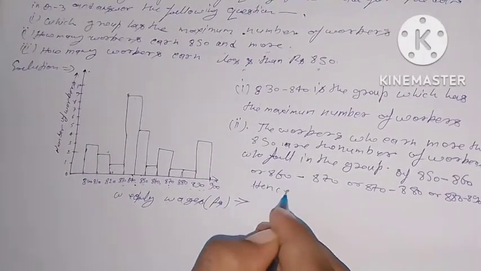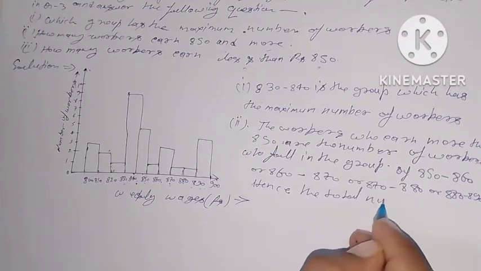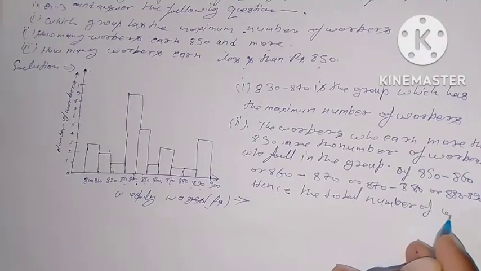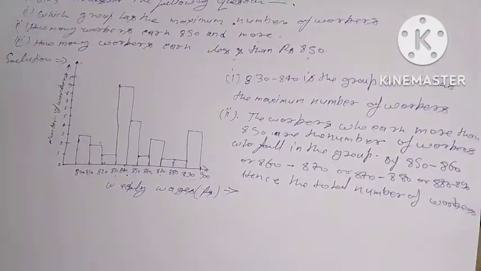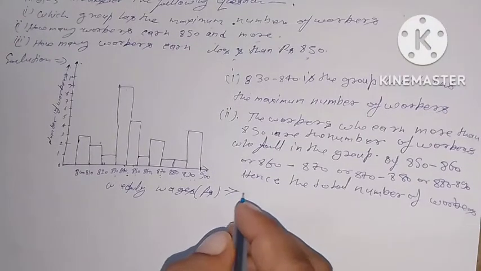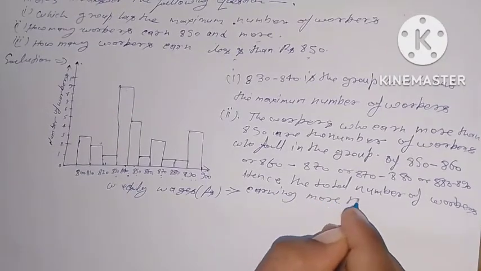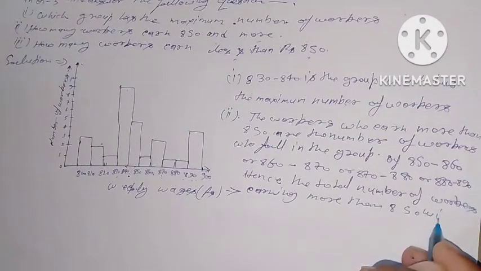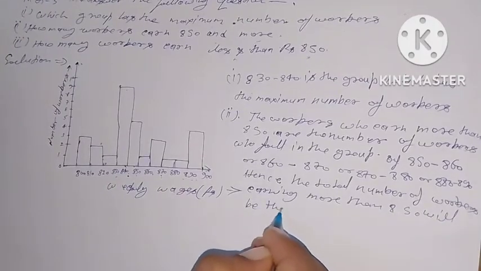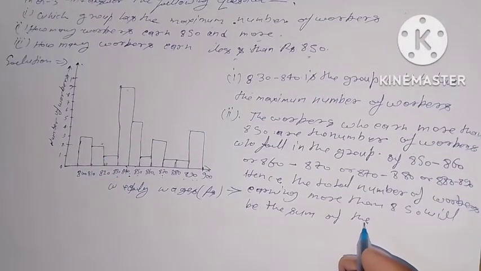Hence, the total number of workers earning more than 850 will be the sum of the numbers of all these workers.